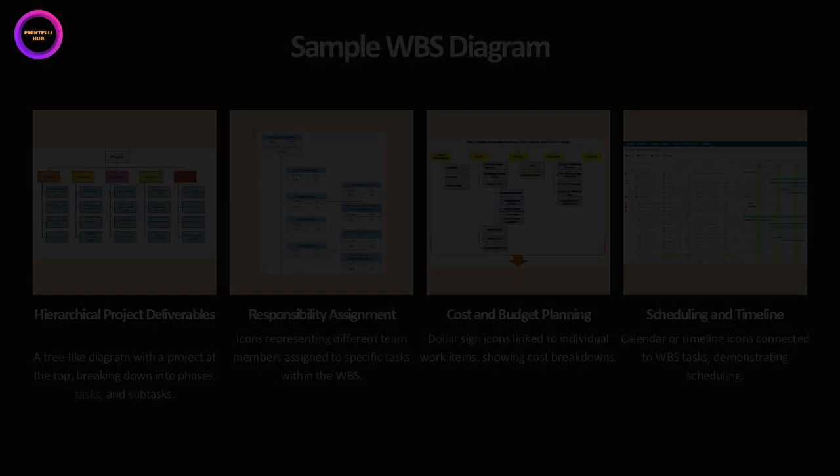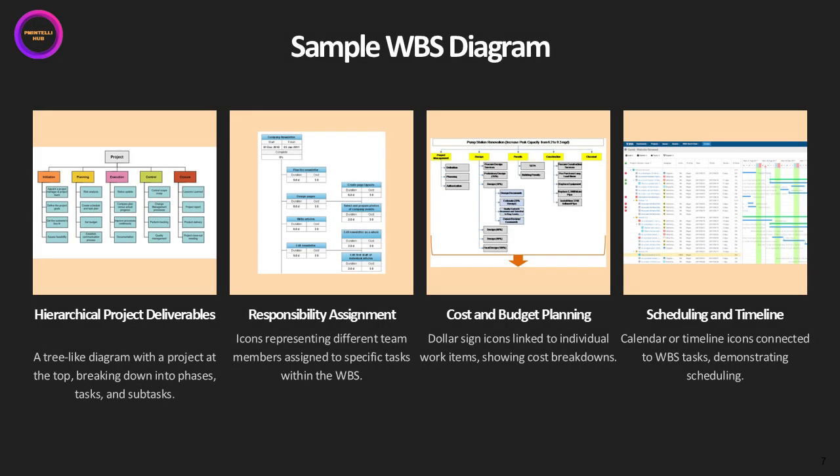The WBS is a versatile tool, as you can see from these examples. It can be visualized in different ways, from simple hierarchical diagrams to more detailed Gantt charts. These formats can be used to assign responsibilities to team members, plan costs and budgets, and create detailed project timelines.